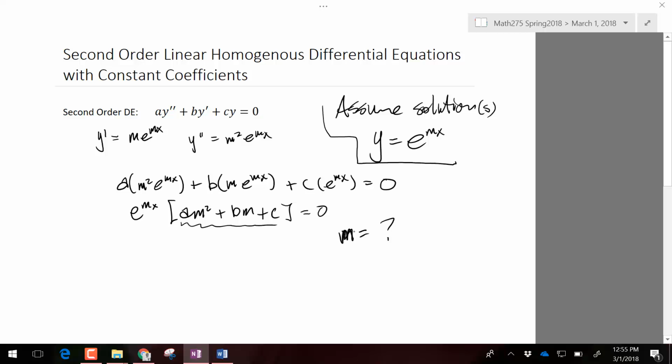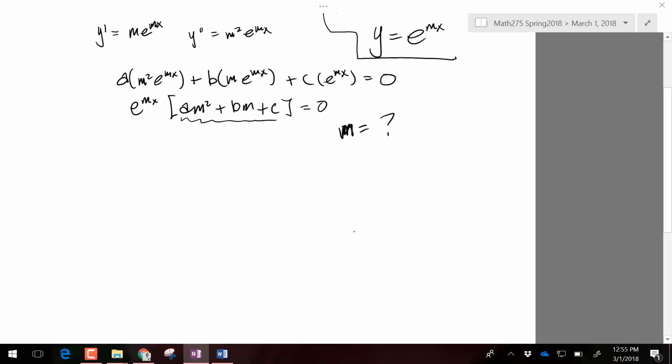Now, from your studies with quadratic equations, we know that there's 3 cases for this. So quadratic formula, right? And then the thing under the square root. If the thing under the square root is a positive number, you're going to have 2 distinct solutions.